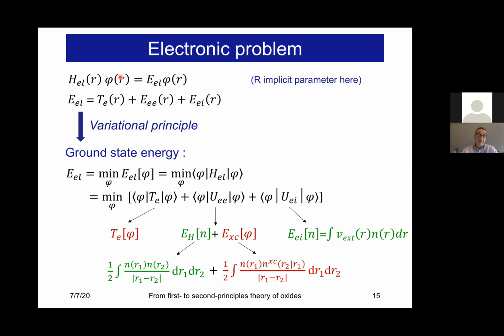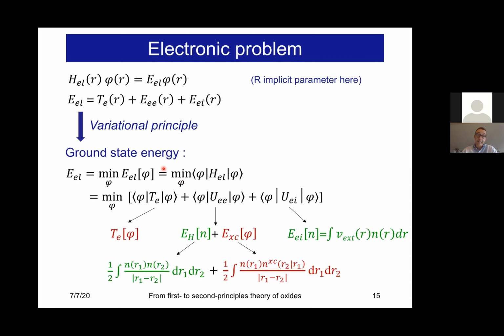So if you want to solve this, you can either try to solve the Schrödinger equation here, or you can use the variational principle, which tells you that you can get the ground state energy and wave function of your system simply by minimizing the expectation value of the energy in terms of the many-body wave function phi here.